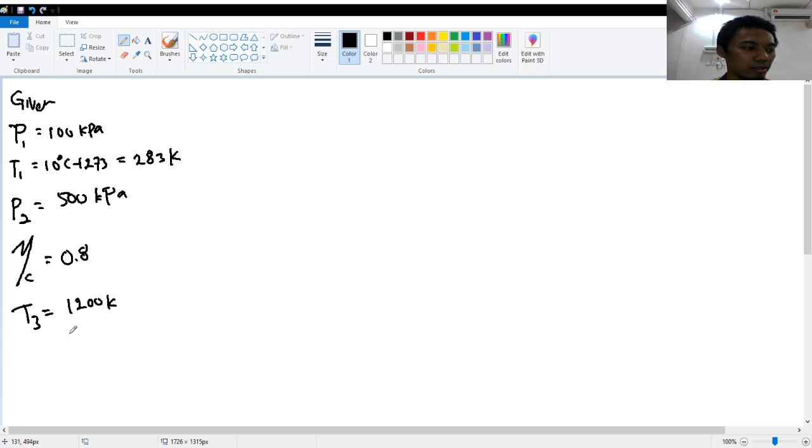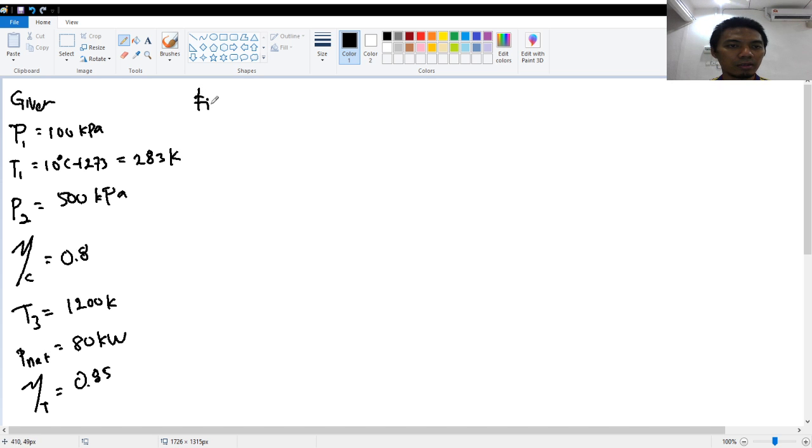And it is expanded through turbine in series, okay, to 100 kilopascal. The external load produces 80 kilowatt power. P net given 80 kilowatt power. Expansion of the turbine, the efficiency is 0.85.